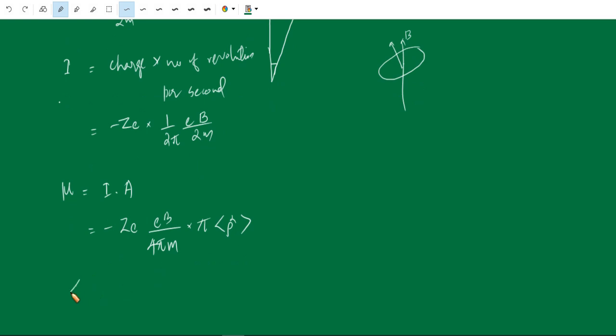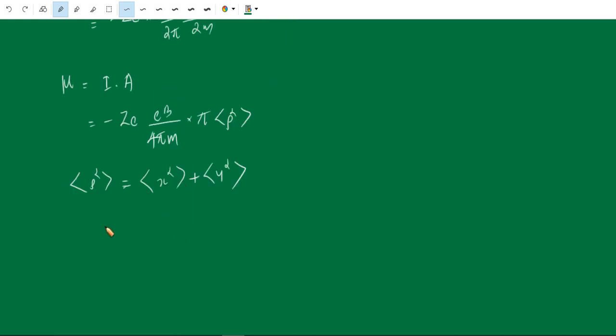Here rho square is the mean square of the perpendicular distance of the electrons from the axis, which is given by mean x square plus mean y square. But the mean square distance r square is equal to mean x square plus mean y square plus mean z square.